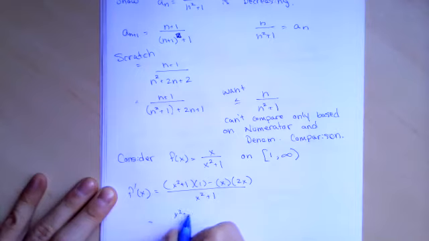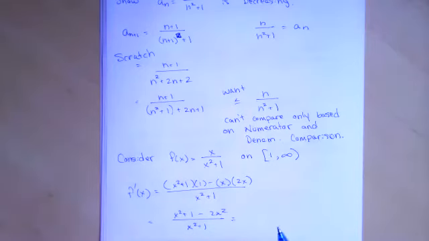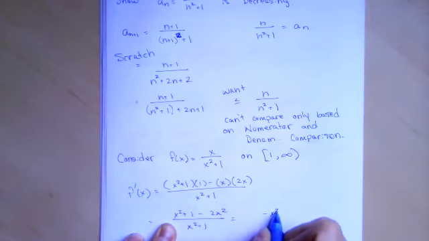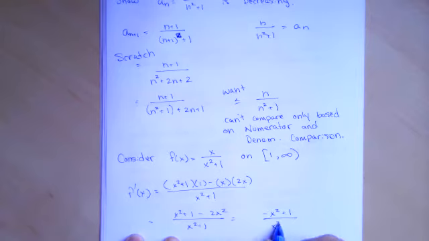x squared plus 1 minus 2x squared over x squared plus 1, which is going to equal negative x squared plus 1 over x squared plus 1.